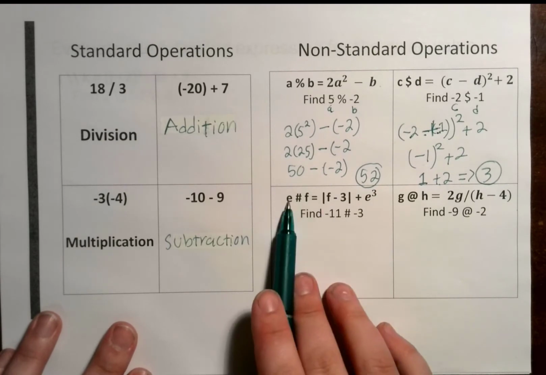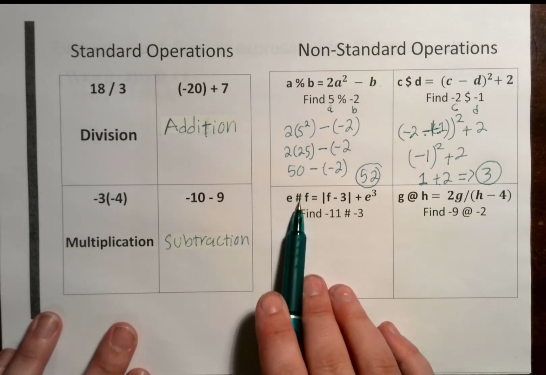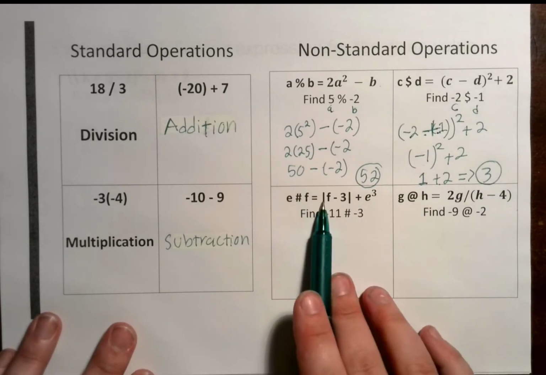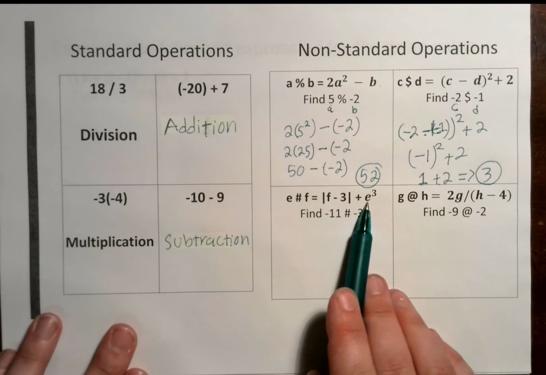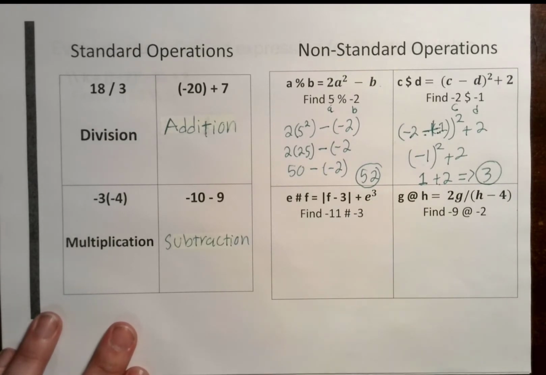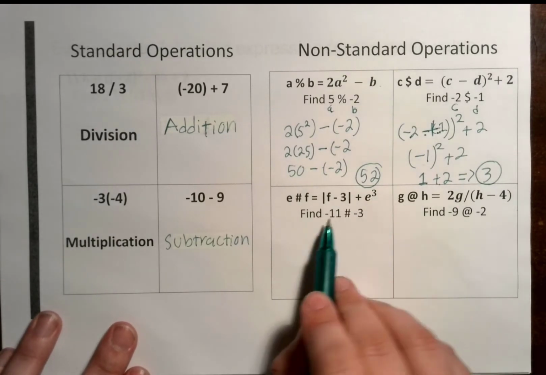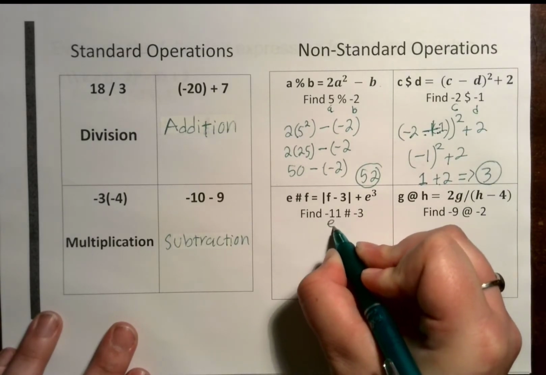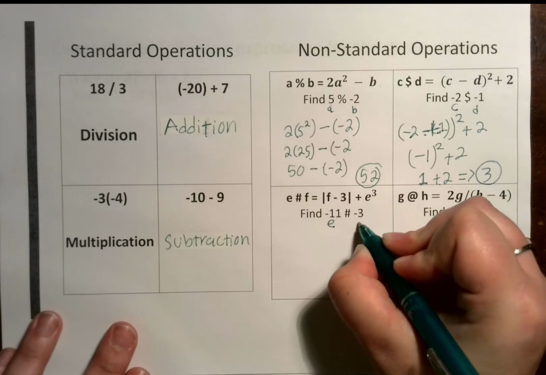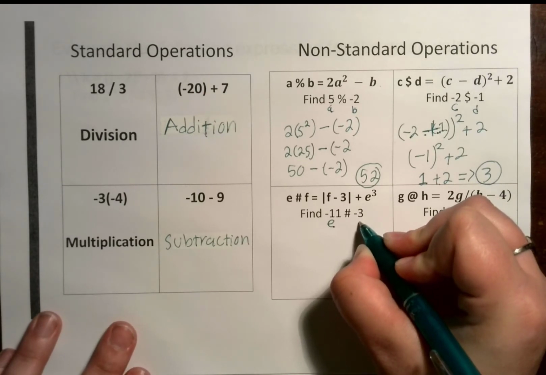All right, so we've got E # F, and that is equal to the absolute value of F minus 3 plus E cubed. They're telling me that E is negative 11 and F is a negative 3.